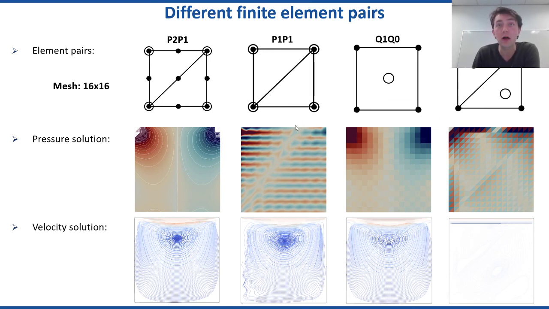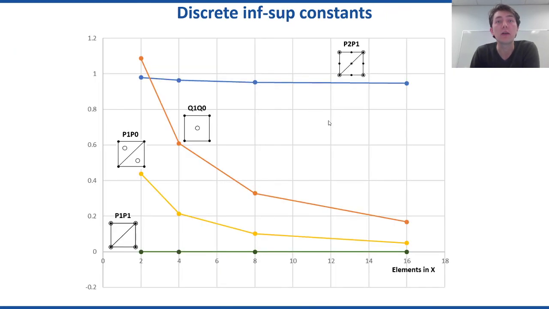And then the two in the middle are two examples of pressure oscillations, pressure modes. And we considered this one, for which we could actually show that the pressure mode was this checkerboard pattern, and that's what we're seeing here. But this one actually also shows the pressure modes. So for each one of these elements, I've performed the eigenvalue computation from our notes, and these are the results that we obtain.